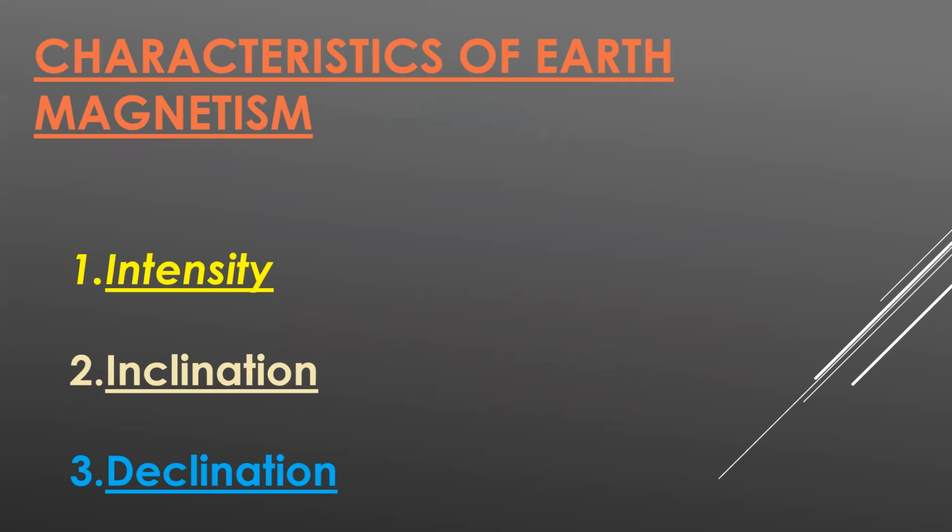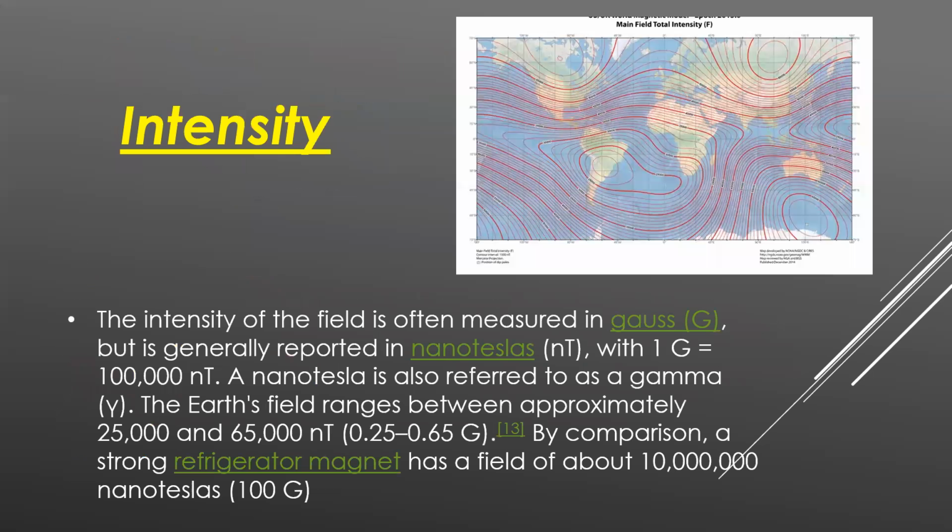Characteristics of Earth magnetism. First, intensity. Second, inclination. Third, declination. Intensity. The intensity of the field is often measured in gauss, G, but is generally represented in nanotesla, nT, with 1 G equal to 100,000 nT. A nanotesla is also referred to as a gamma.